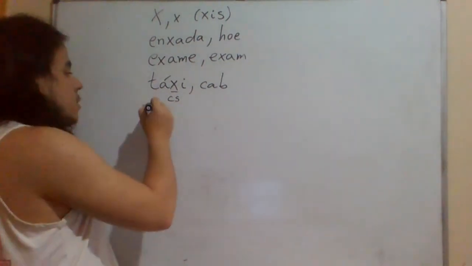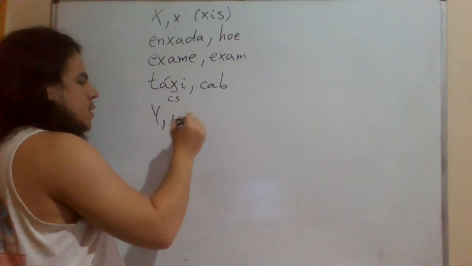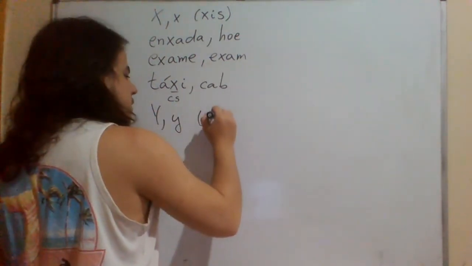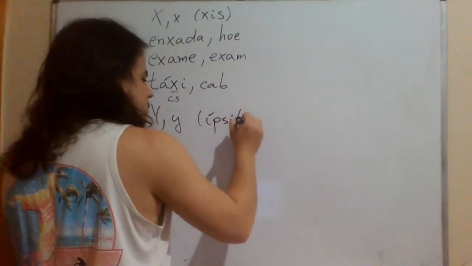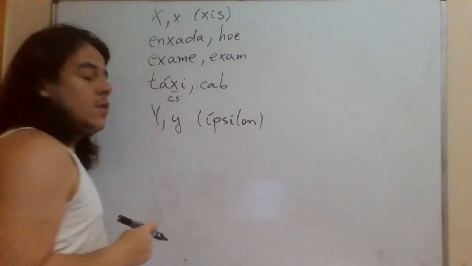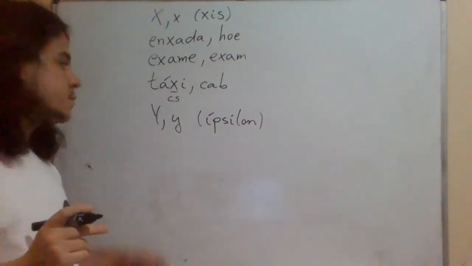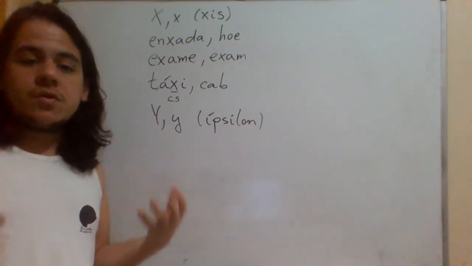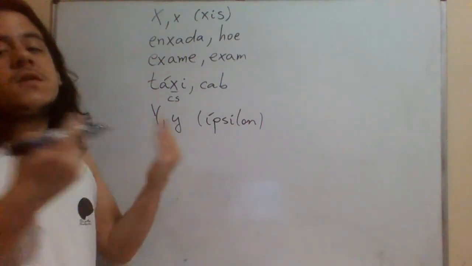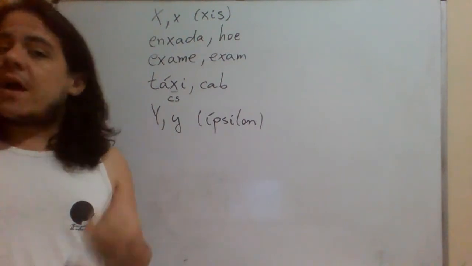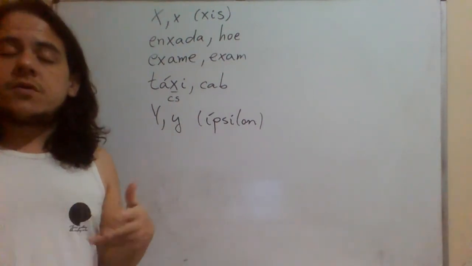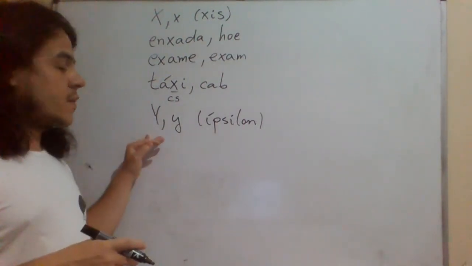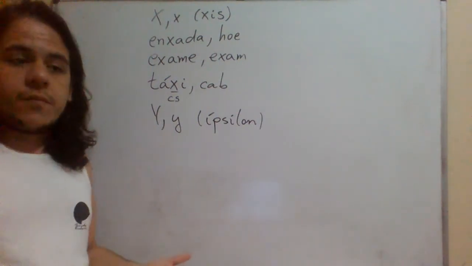Next letter, letter Y. In Portuguese, we say Y. It's also a letter used for foreign derived nouns, foreign derived words. So it's not a very common letter in Portuguese.